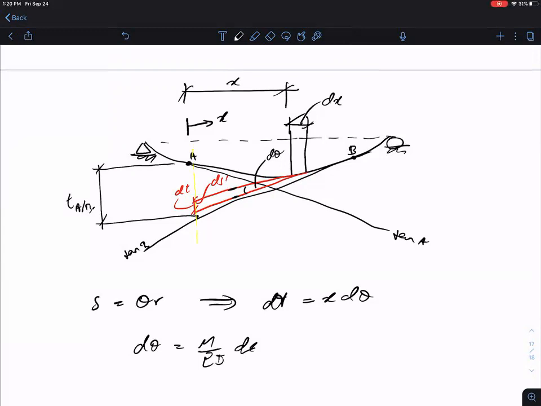Then that means that the vertical deviation of tangent A with respect to tangent B can be found by integration, right?